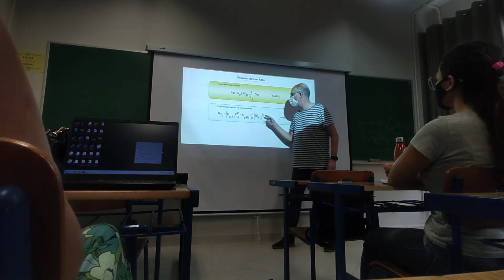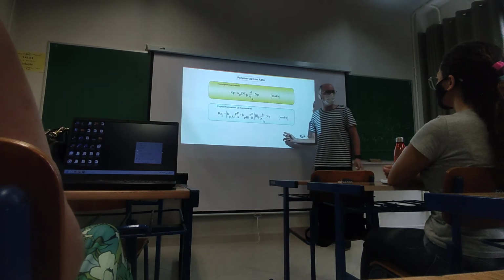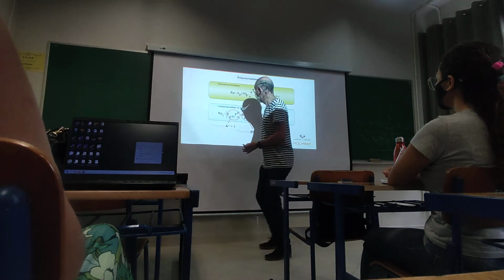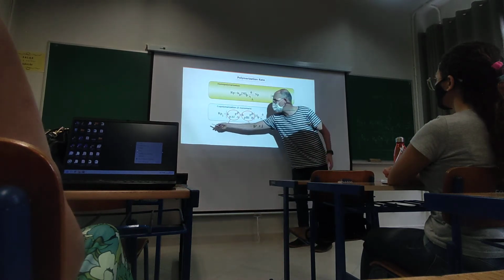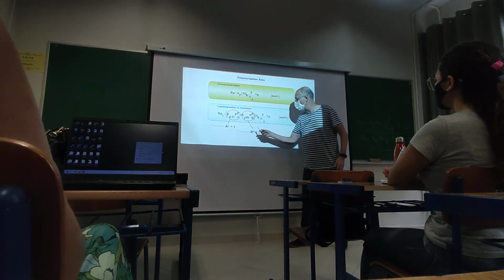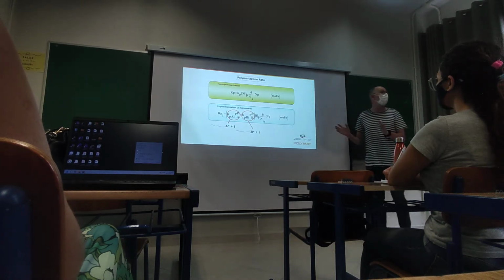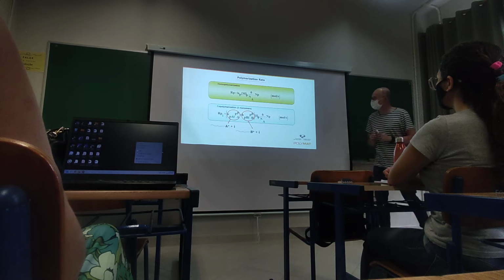So you will have two equations, one for A and one for B. Okay? So you need to take into account that monomer i will react with growing chains terminated in A and growing chains terminated in B. So the expression is the same, and so that you know from the copolymerization kinetics.